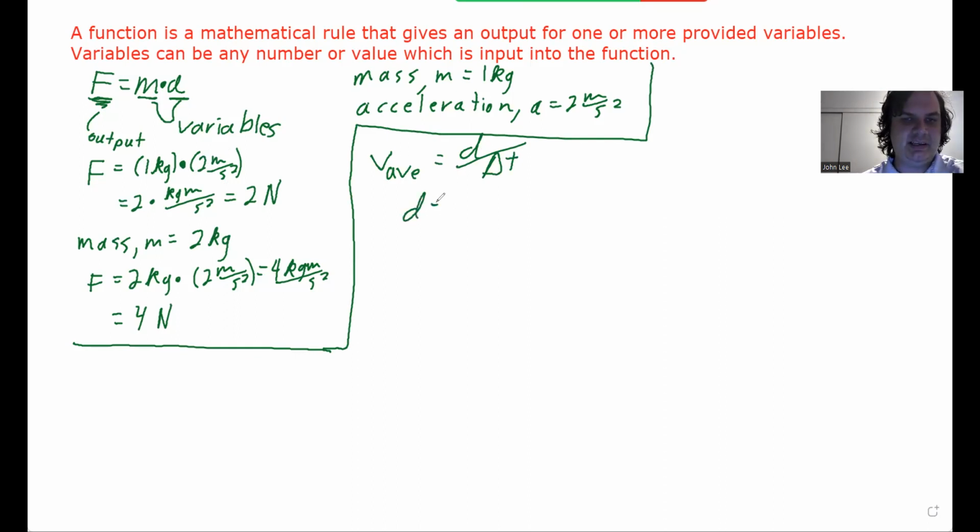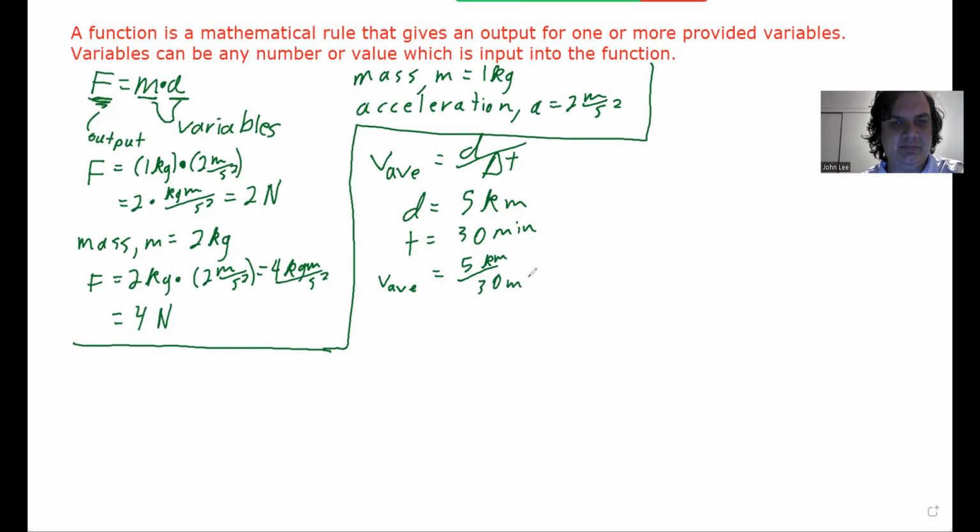So if distance is given as 5 kilometers over a time equals 30 minutes, then the V average is going to be 5 kilometers, because we plug in D equals 5 kilometers into D in our equation, divided by 30 minutes, which is going to be equal to 1/6 of a kilometer per minute.